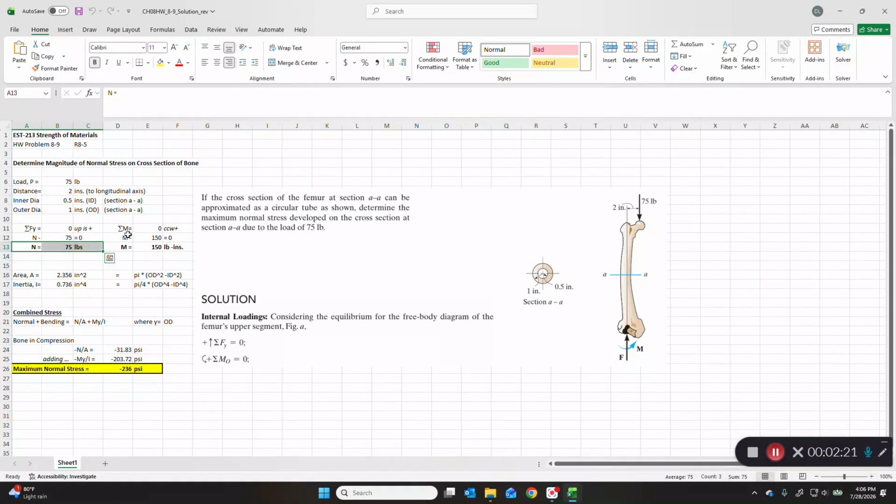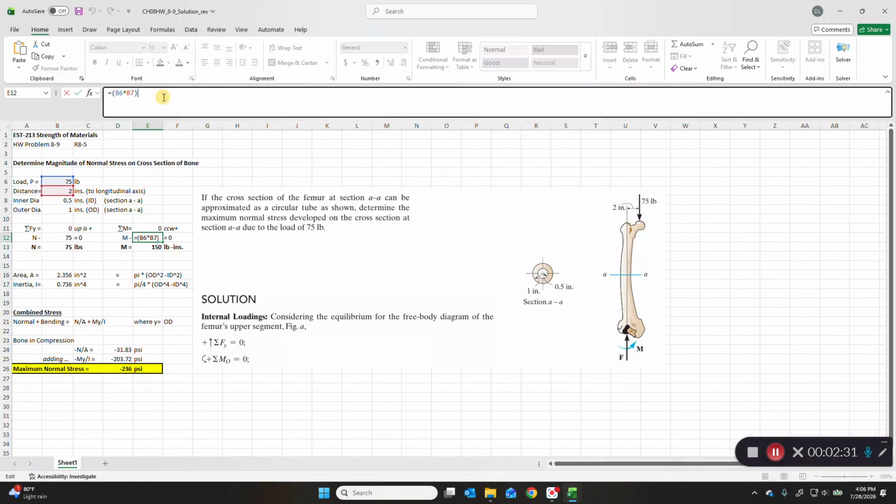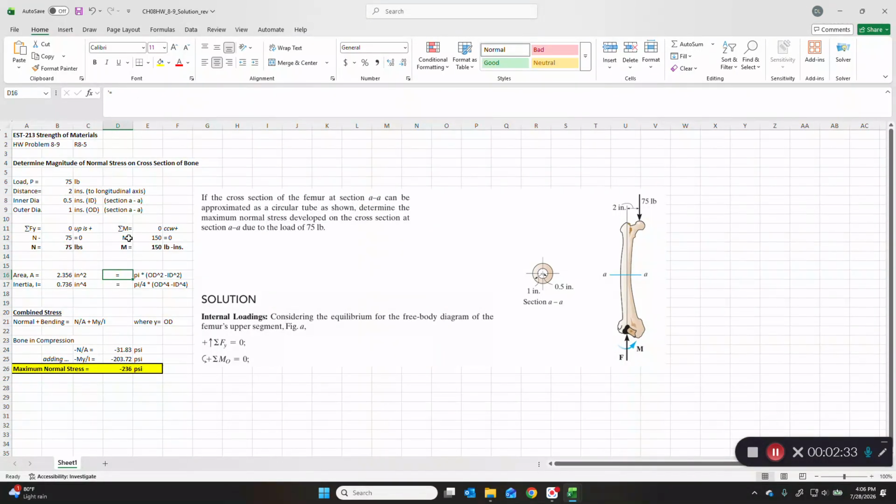There you have that. The moments, assuming counterclockwise is positive, it's going to be a negative 150 like we talked about before, 75 times 2, right? And that's just going to be moment minus 150 is 0, so the reactive moment is counterclockwise, which is positive. So there we go. We're in business now to go forward.